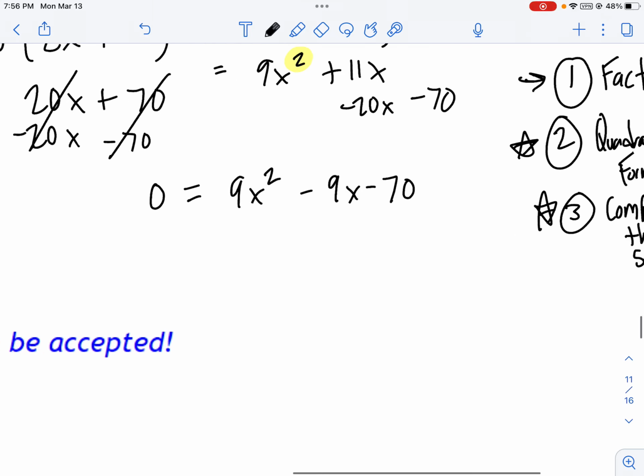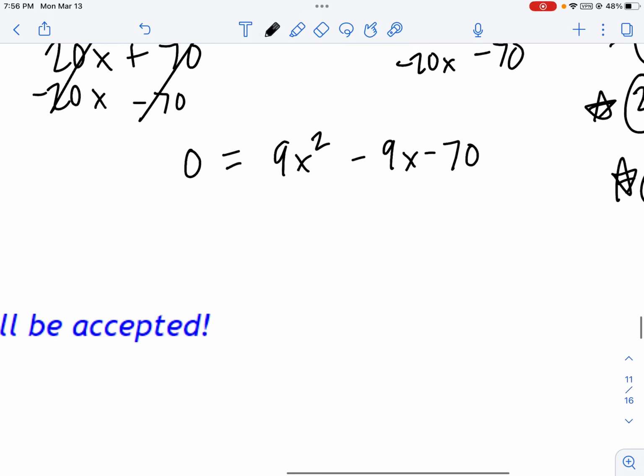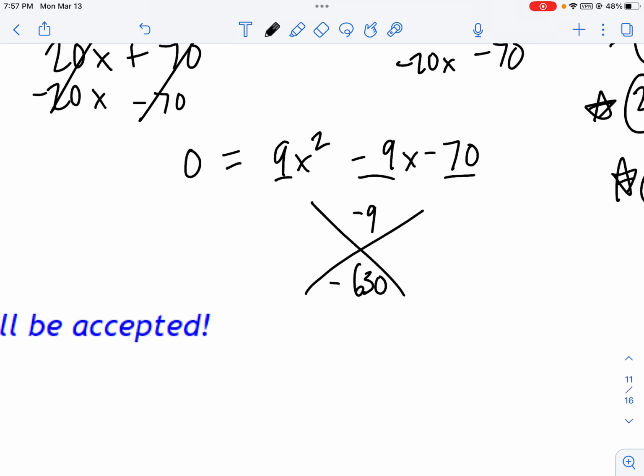Your first step is to always look for a GCF. Is there a number that goes into both 9 and 70? Unfortunately, no. So now we're going to be left with this sizable set of numbers here. Your middle is negative 9, so put that right there. And then our first times our last is negative 630.